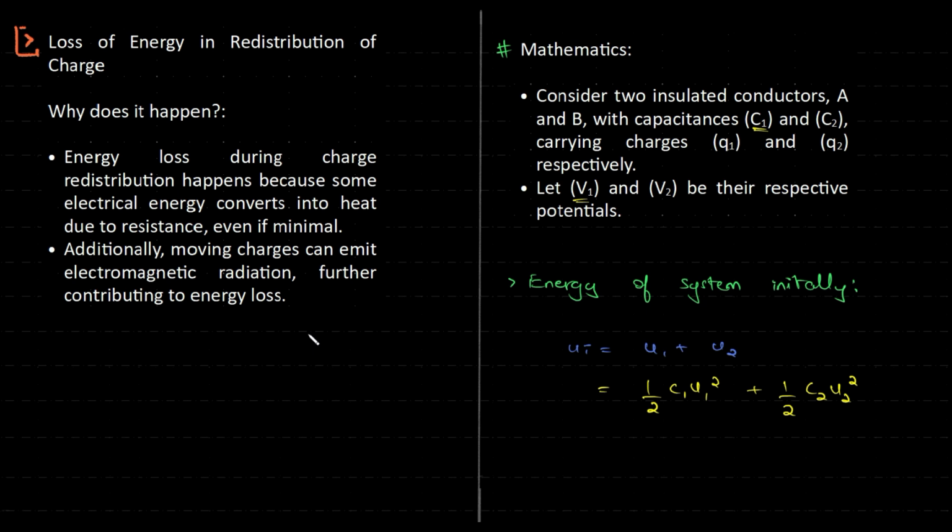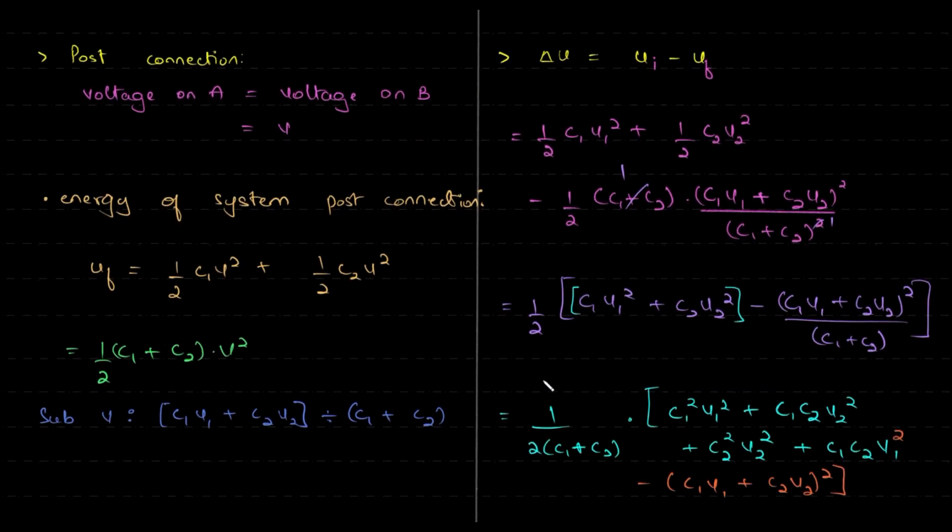So there is loss of energy. And that loss of energy we are trying to figure out in terms of the initial voltage and the capacitance of the capacitors or devices or materials. So we are getting an expression for the initial system's energy and the final system's energy, and the difference between them will give us the answer. That's it, as simple as that. Here the math is a bit lengthy, if nothing else. It's quite simple.